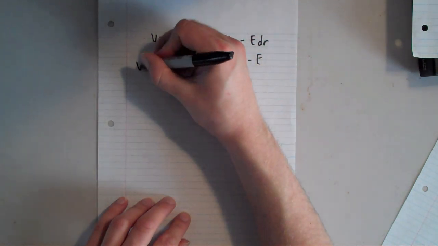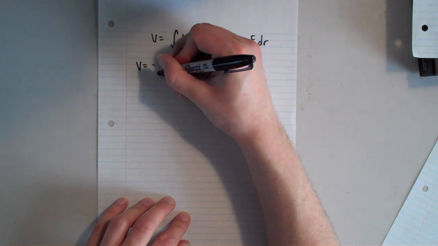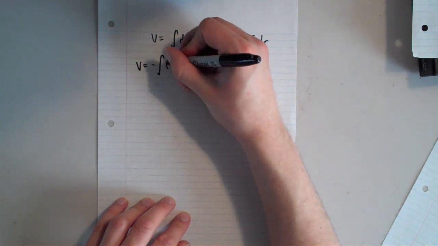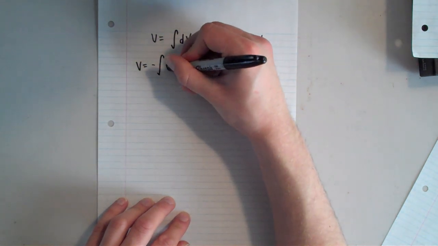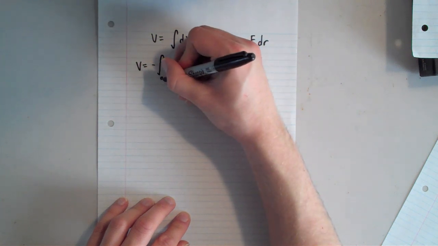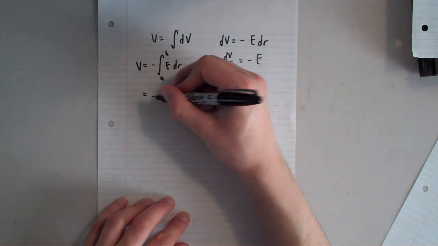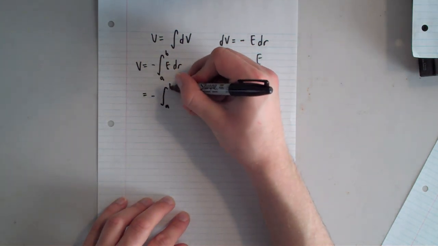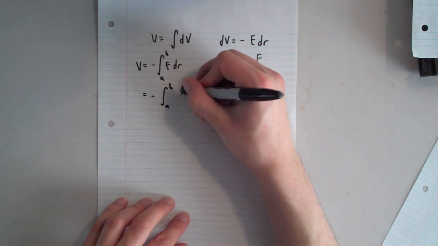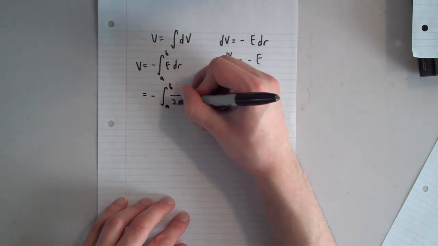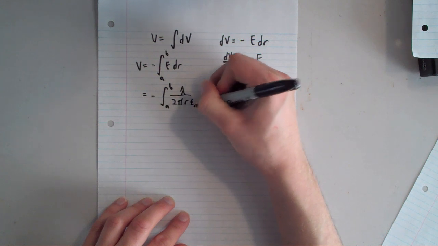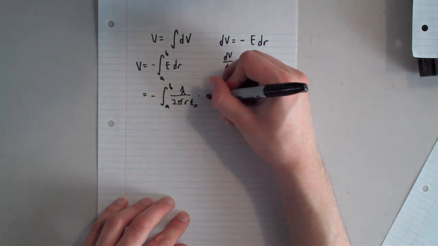So V equals negative the integral of E dr, and with respect to radius we're integrating from A to B. Cool. So substituting the expression we just solved for, it's negative the integral from A to B of lambda over 2 pi r epsilon naught dr.